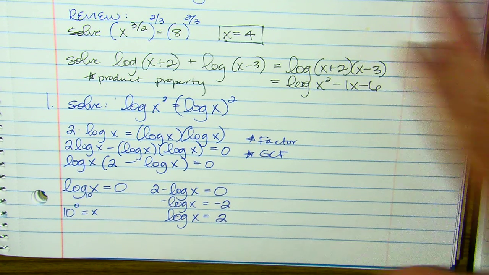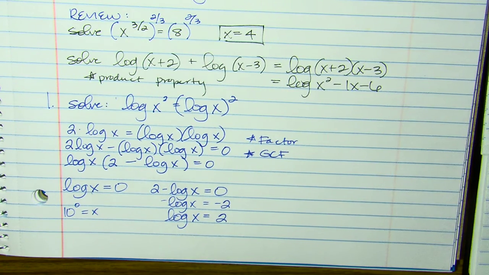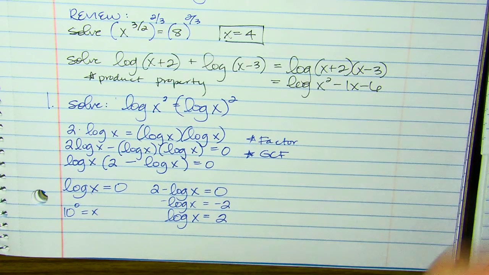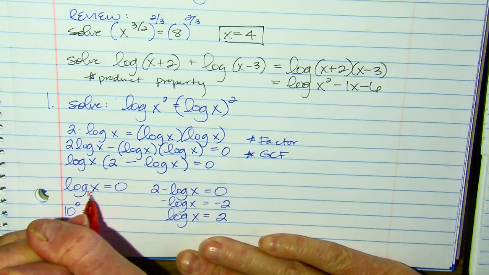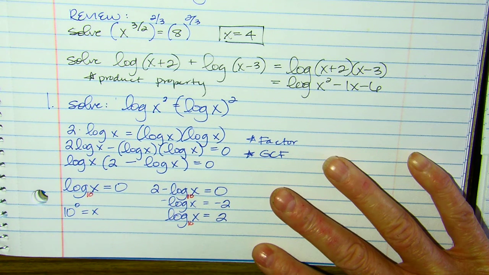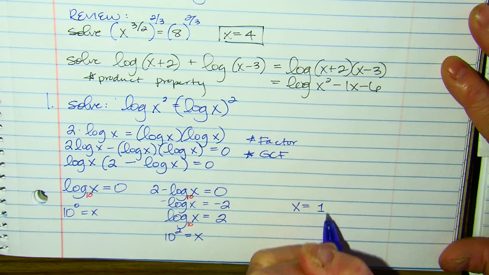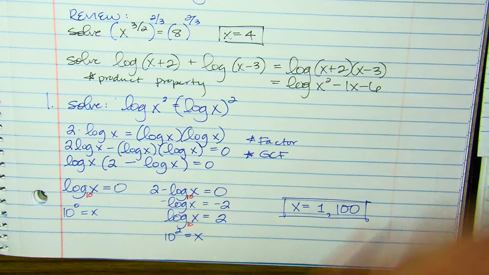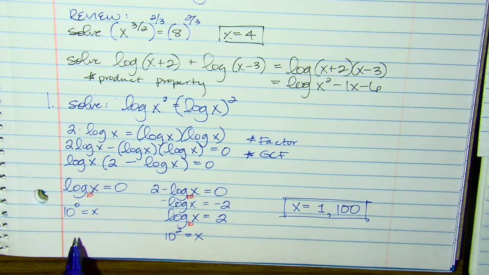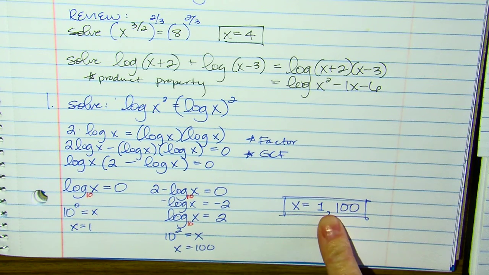So again, if they don't have a base, my invisible base is a 10. So they're saying when 10 squared equals x. So x equals 1 and 100, right? 10 to the 0th power equals 1. 10 squared is 100. So my two values are 1 and 100. Next one.